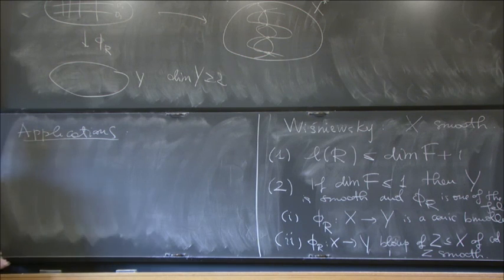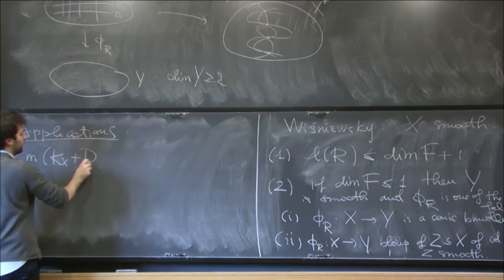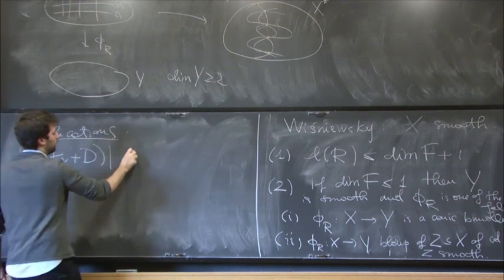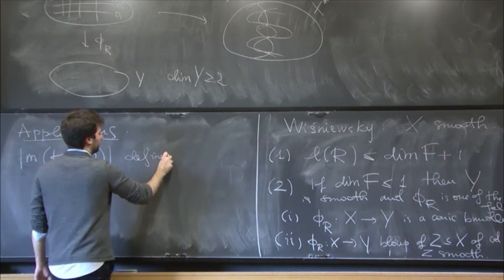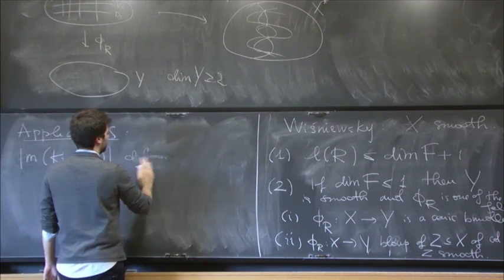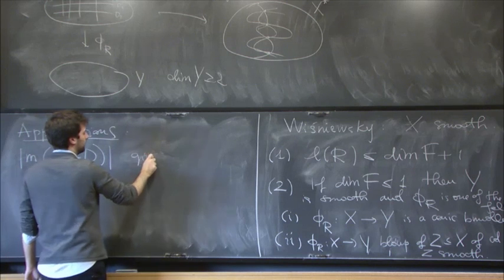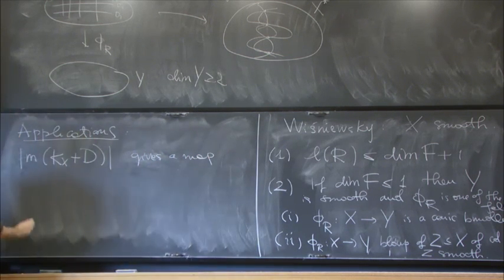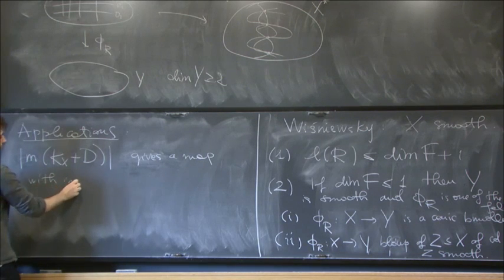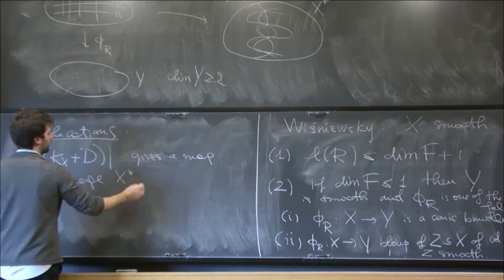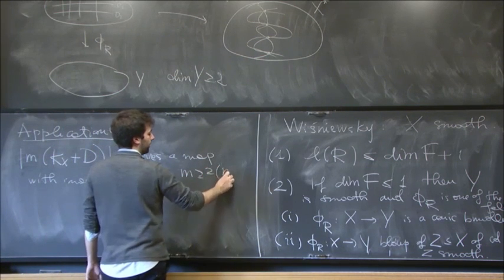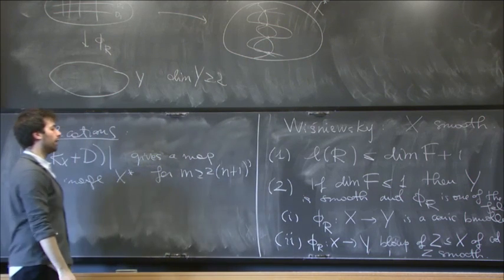So the thing is that the map associated to the linear series m kX defines a map, so we get an image X star, for m greater than or equal to some constant. This depends only on the dimension.